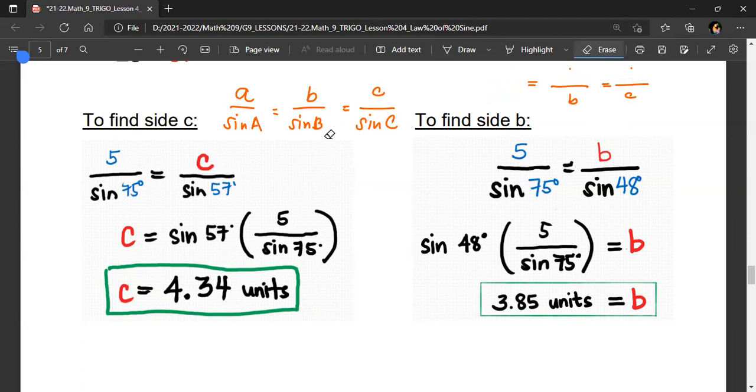But in this discussion, we will follow this one.